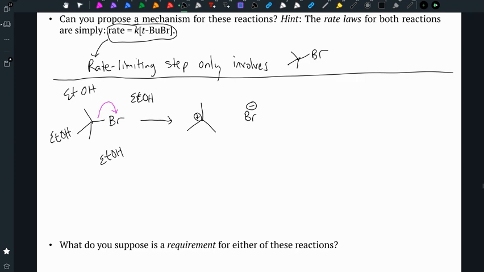It's going to look for someone to come and share electrons with it. It's really likely that one of these ethanol molecules might be the first thing to come along and offer its electrons.